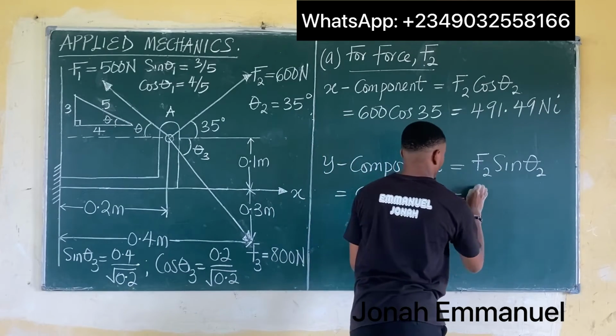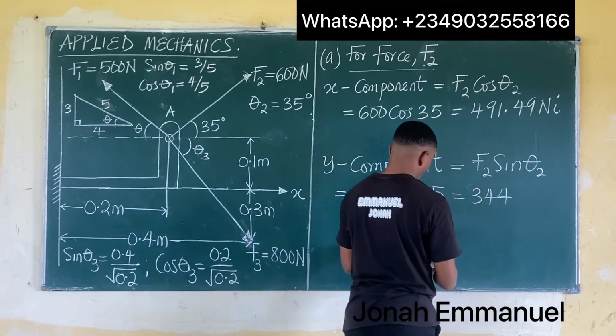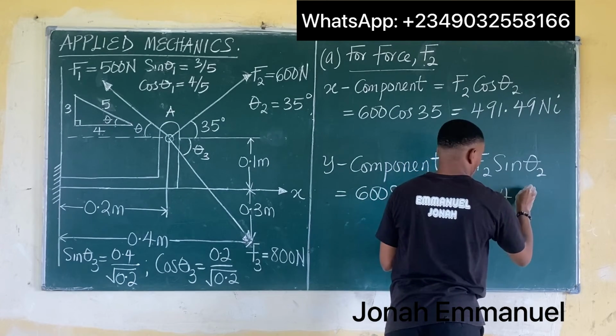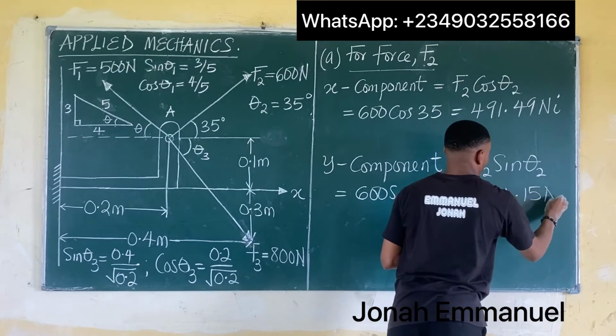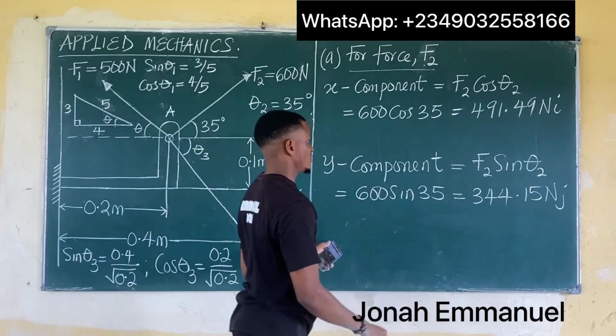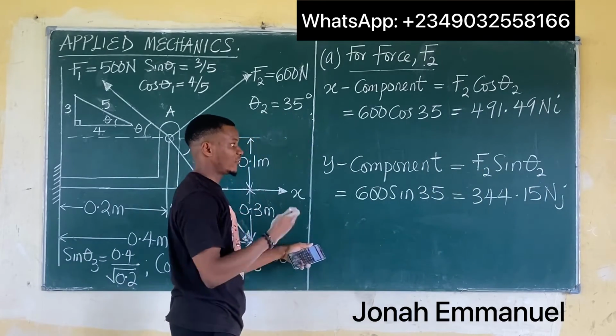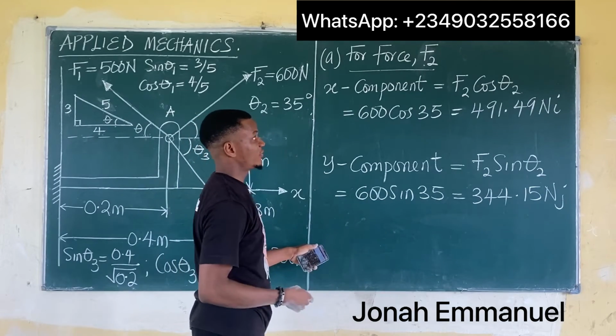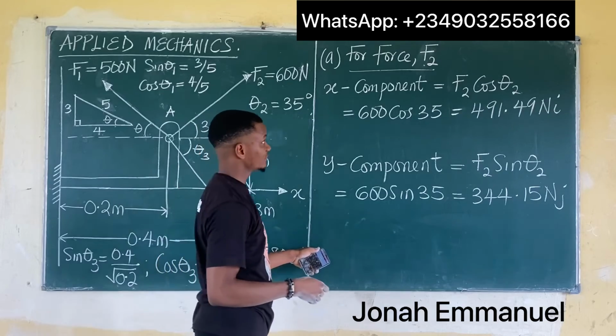This is equal to 344.15 approximately Newton J. So we've got the x and y component for force 2. Finally, let's get the x and y component for force F3.